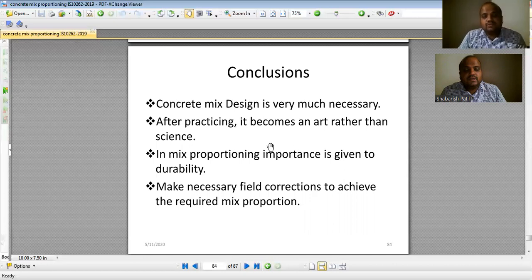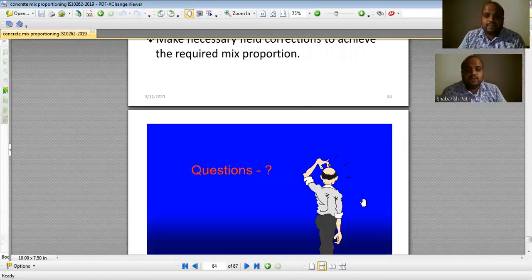Initially, you may have to go through all these calculations, but if you become an expert after practicing a lot, you can give your mix proportion directly. But I don't prefer it that way. That's a human tendency, or an expertise. In mix proportioning, importance is given to durability, and make necessary field corrections to achieve the required mix proportion.